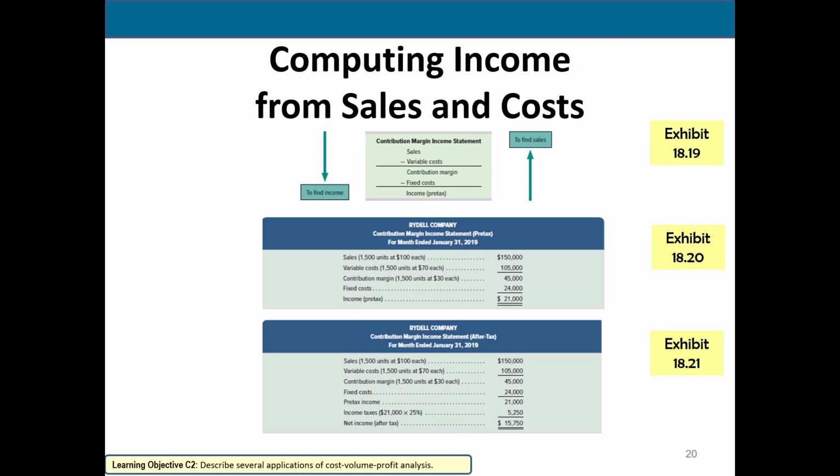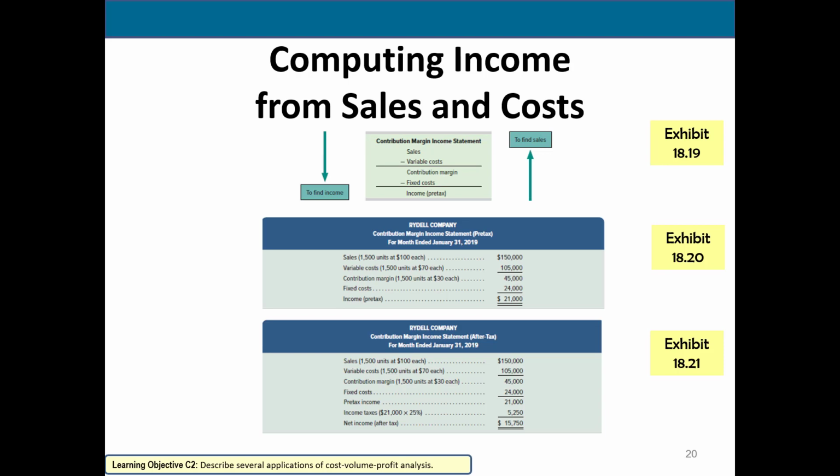In this example, the company is expecting to sell 1,500 units. What is the amount of income if this sales level is achieved? Using this calculation format in the top graph, we can compute their expected income.